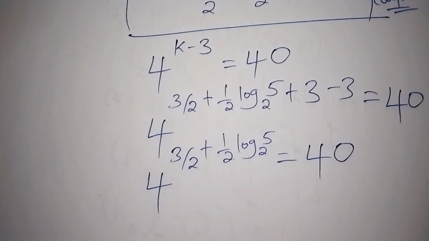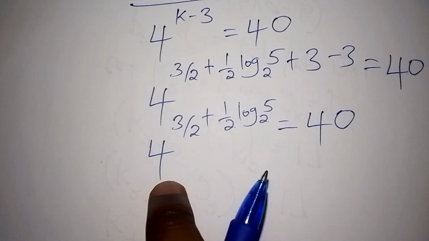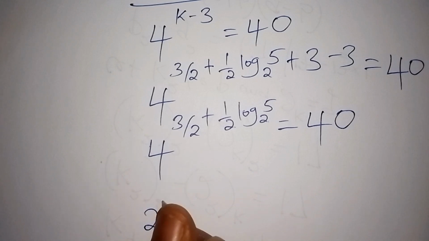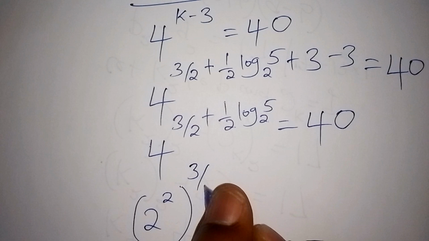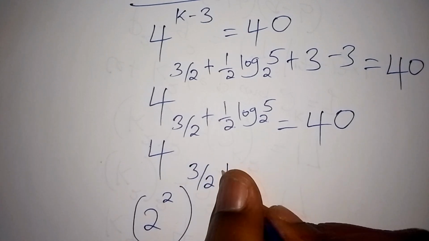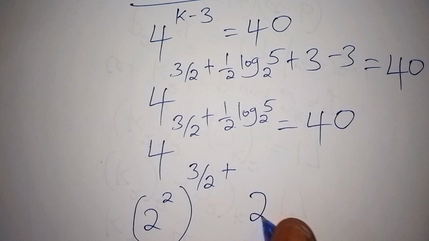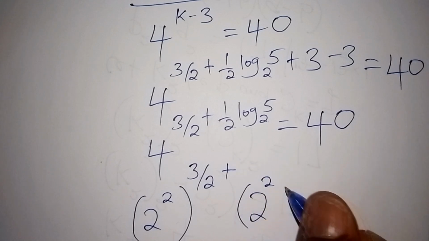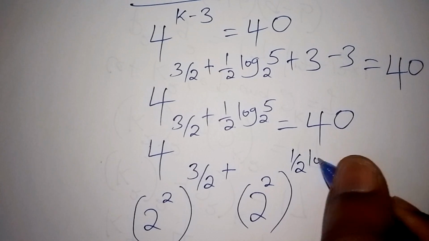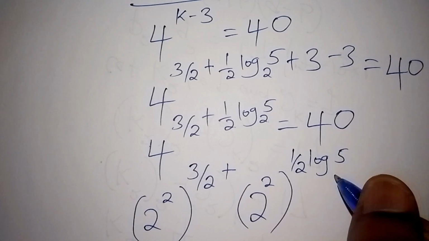So in other words, we can say that 4 can also be written as 2 to the power of 2, then the bracket to the power of 3 over 2, then again plus, so 2 again to the power of 2, then we shall have a half the log of 5 to the base of 2 is equal to 40.